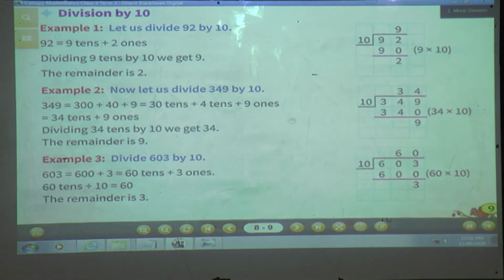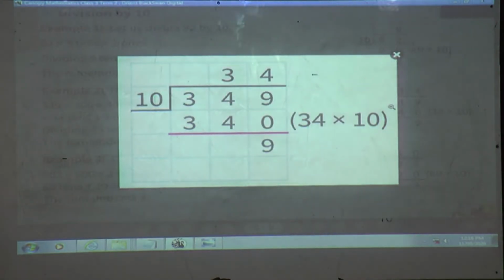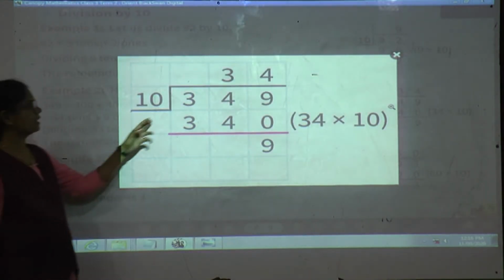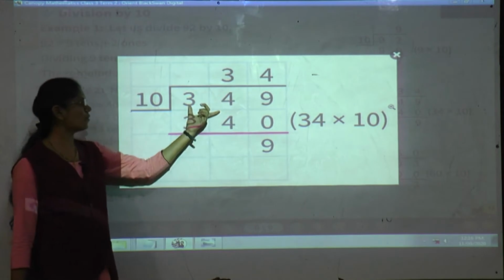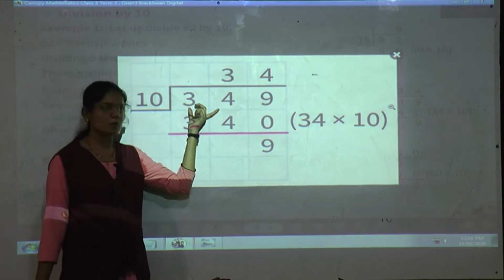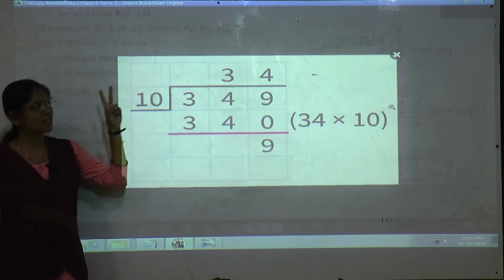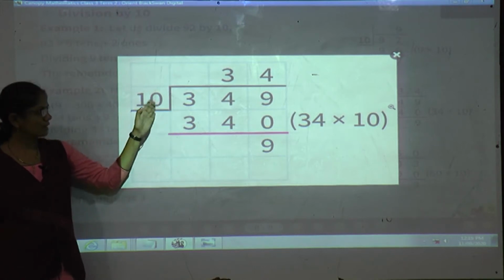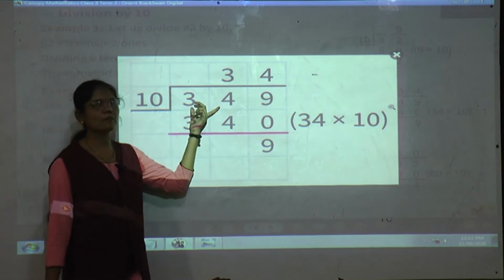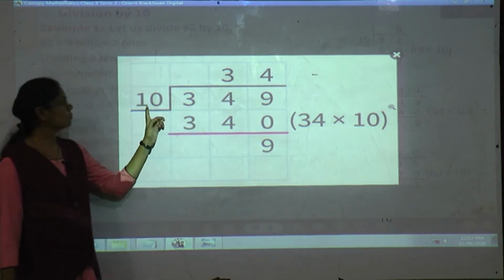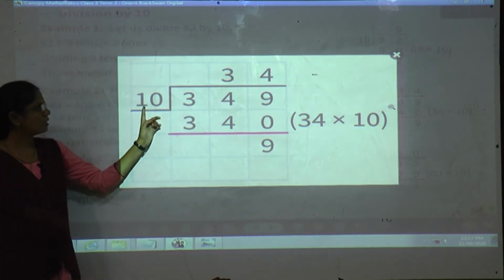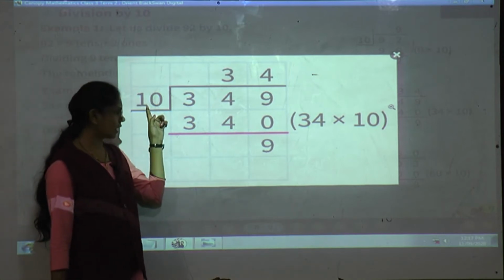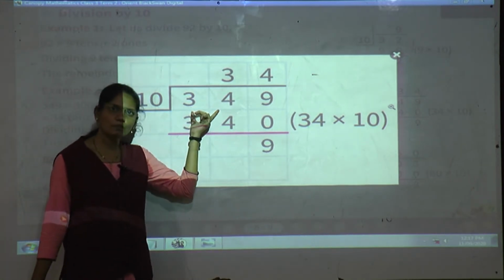Now we will solve this example. Divide 34 tens by 10. Look at the board. 349. First we will divide 34 tens, because here at hundreds place 3 is there and 3 is smaller than 10, so we can't do 3 by 10. So 34 tens by 10. In the table of 10, can you see the number 34?